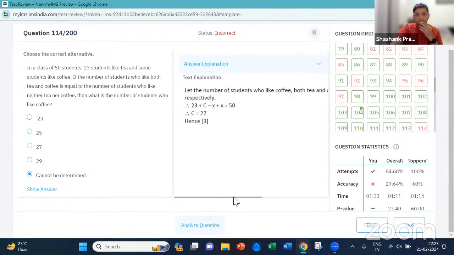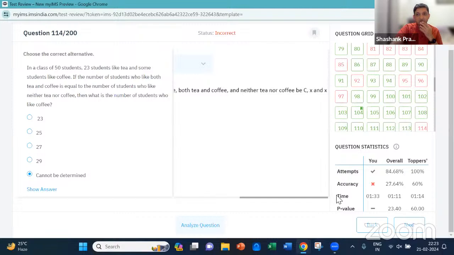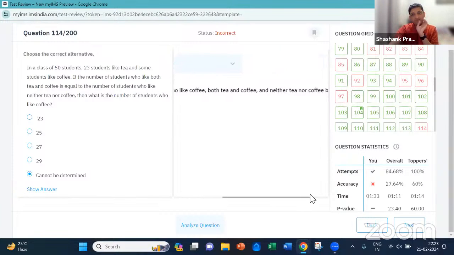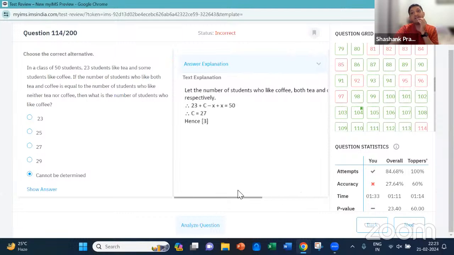Let the number of students who like coffee, both tea and coffee, and neither tea nor coffee be C, X and X. Who like coffee, C, both tea and coffee, X, neither tea nor coffee, X. Right.